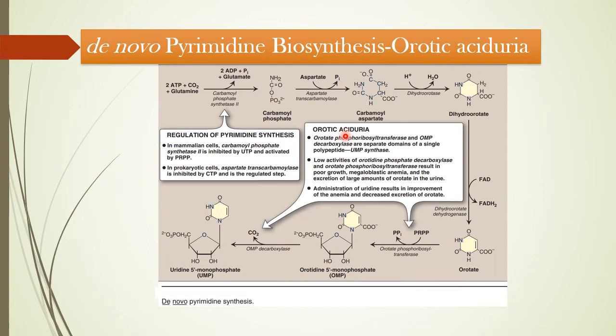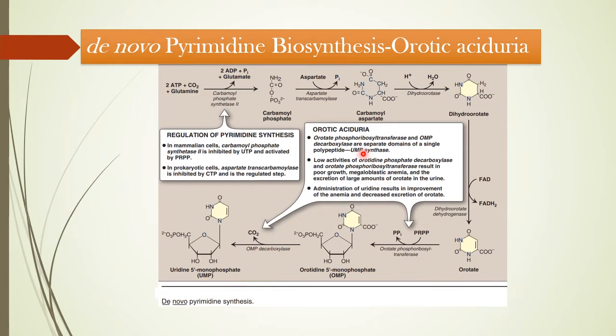Orotic aciduria is a genetic condition whose prevalence is rare. It is characterized by the deficiency of UMP synthase, and we have seen in our last lecture that UMP synthase is the combination of two enzymes called orotate phosphoribosyl transferase and OMP decarboxylase.